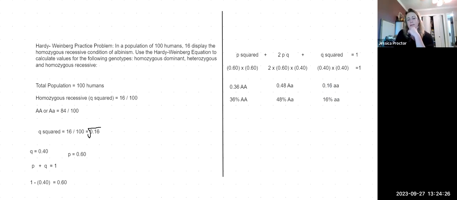Okay, and then just to check your answers, do 0.36 plus 0.48 plus 0.16, and then do 36% plus 48% plus 16%. Do you get back to 1 and 100%?